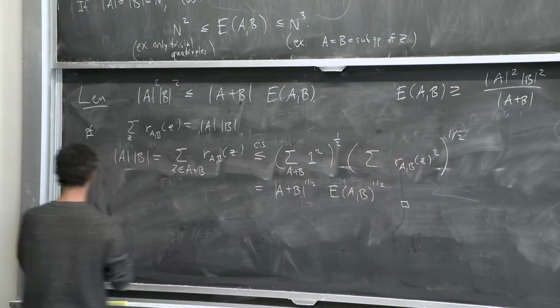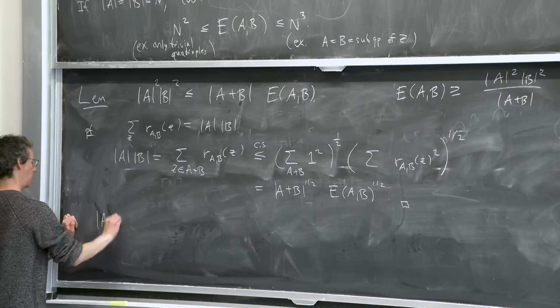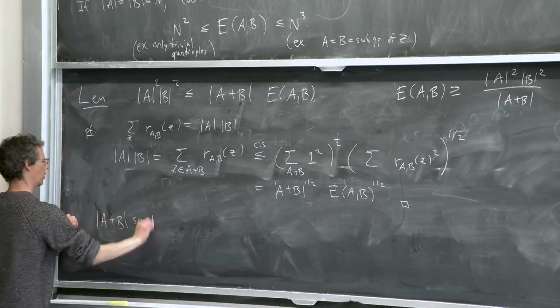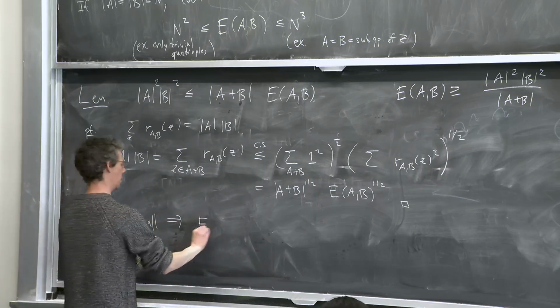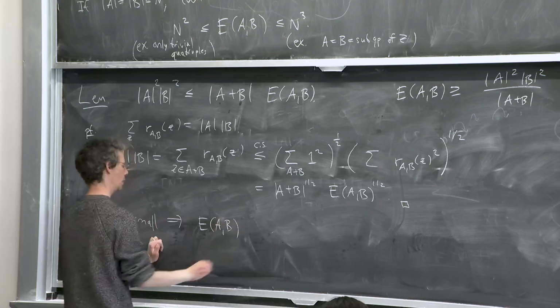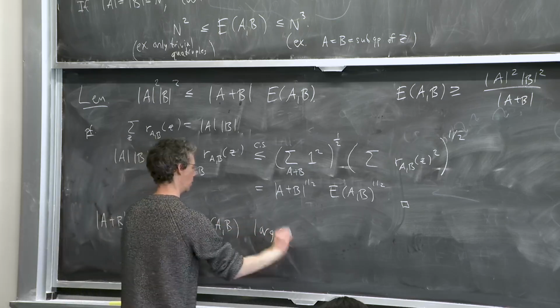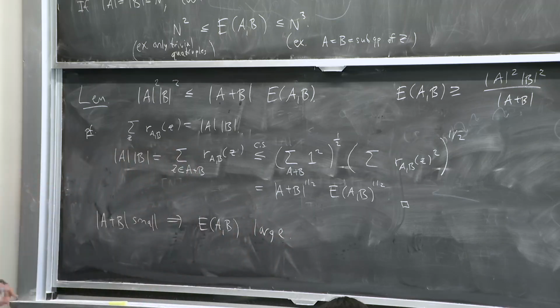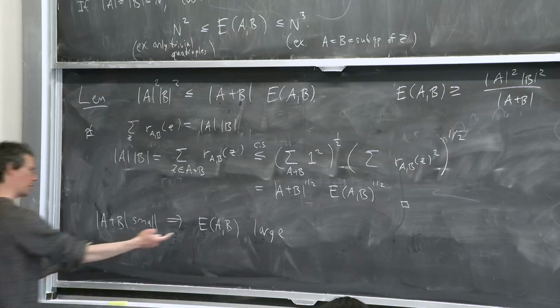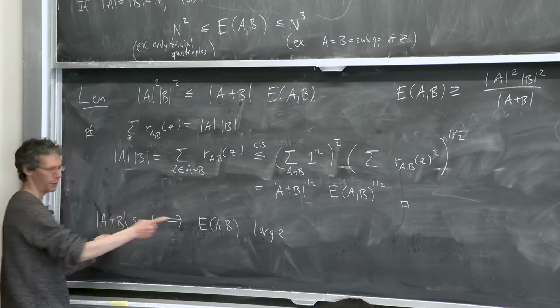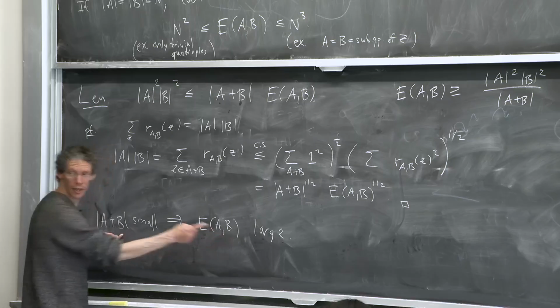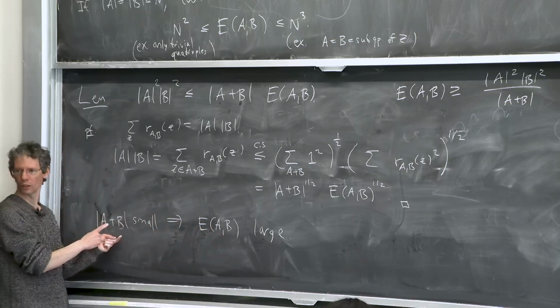So A plus B small implies that the energy is large. Now, do people think you can go the other way? If the energy is large, does that imply that A plus B is small?